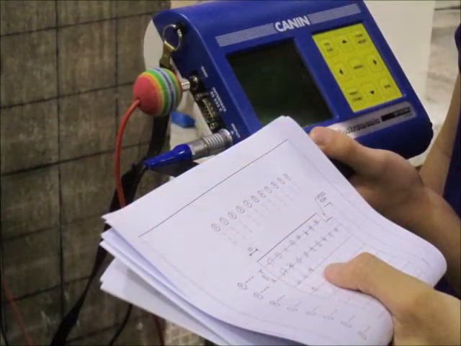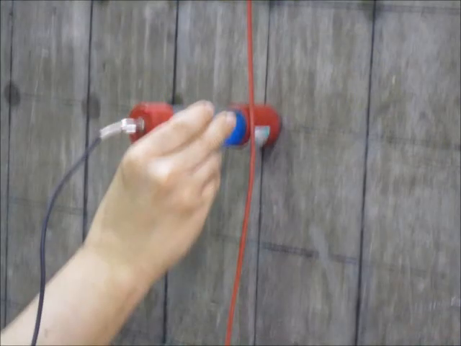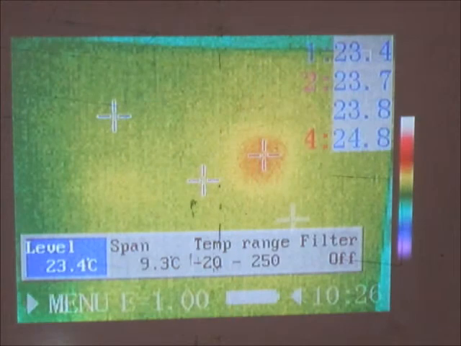The fourth one is the half-cell potential test. It is used to measure the relative corrosion potentials between the reinforcement and concrete and identify the likelihood of corrosion on a relative basis.